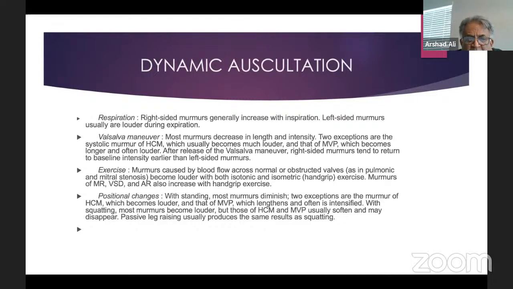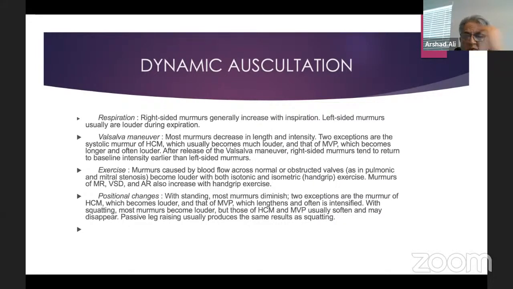So in terms of dynamic auscultation, number one is you want to auscultate the patient at the end of inspiration and expiration. Ask them to breathe in and hold it and breathe out and hold it. Typically, left-sided murmurs will accentuate with end expiration, and right-sided murmurs will accentuate during inspiration.